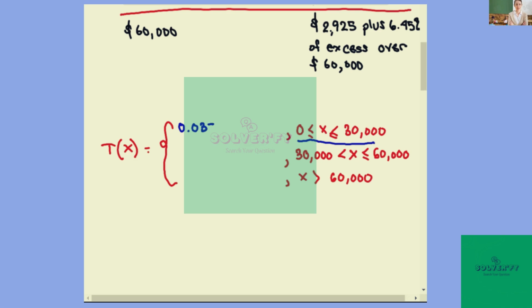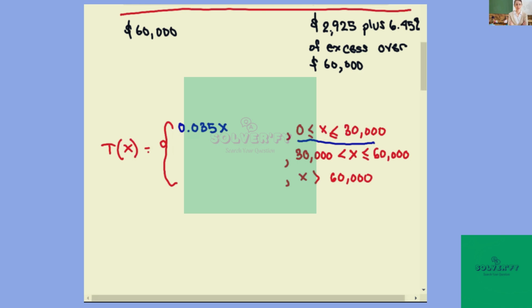So we just have 0.035 times x. That would be the part of the piecewise function for that part of the domain. Now, what about category 2?